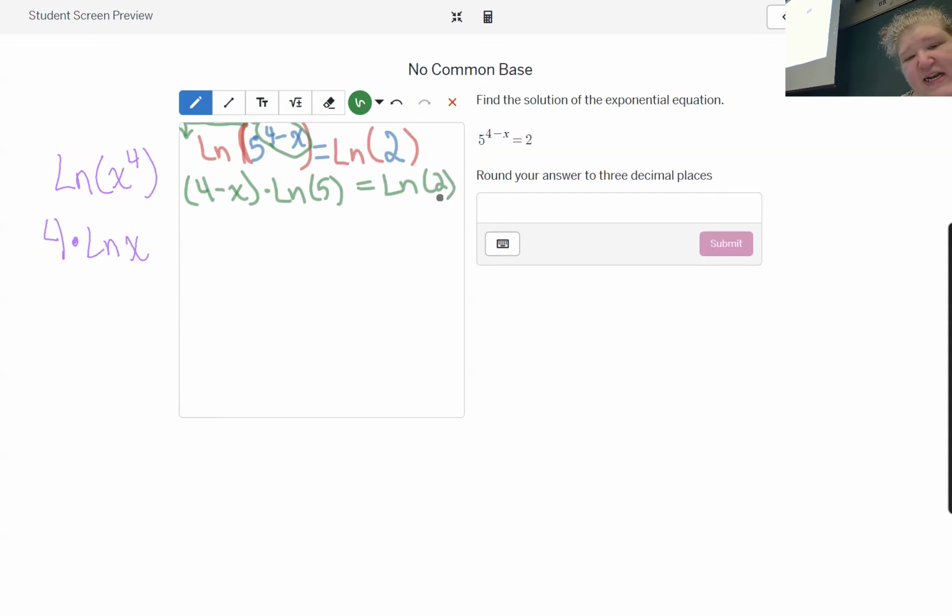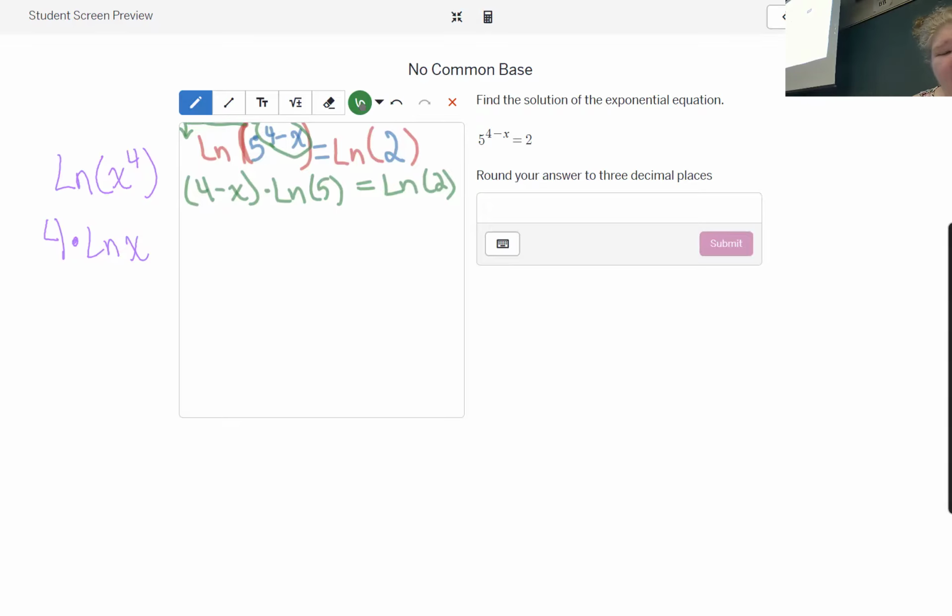And then this is equal to the natural log of 2. Now, natural log of 5 and natural log of 2, those are things we can type on the calculator. So that means these are numbers. They're ugly decimals, but they're just numbers.